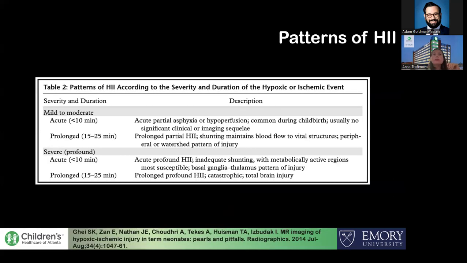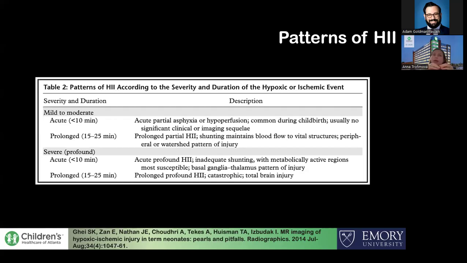Of course, this is a simplified approach, but in general, we can define several patterns depending on the combination of these factors.